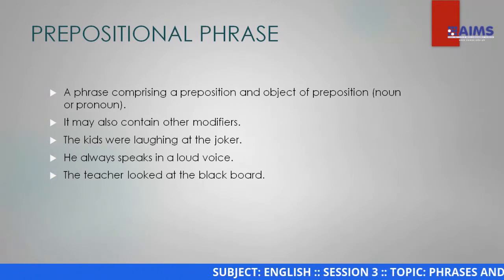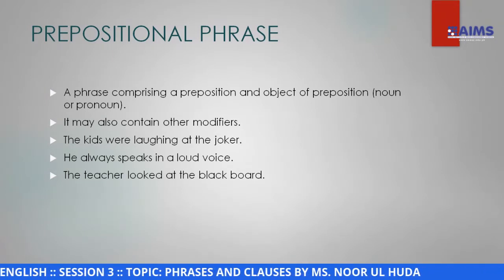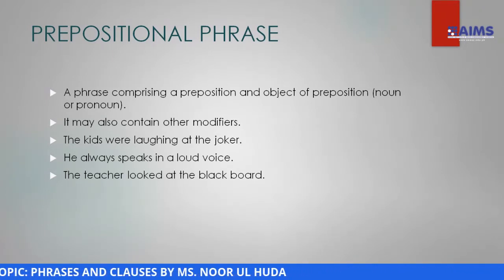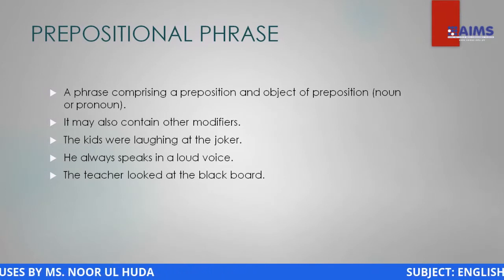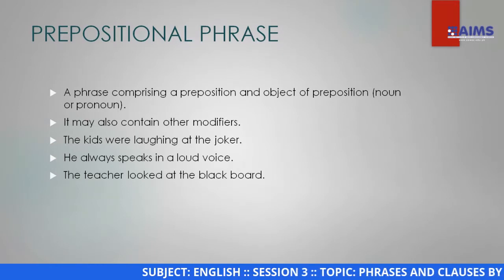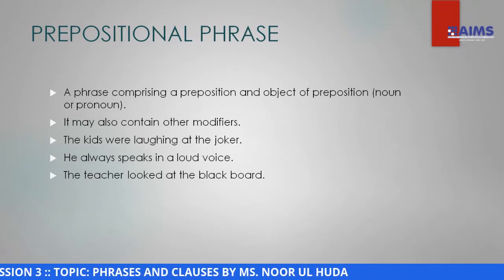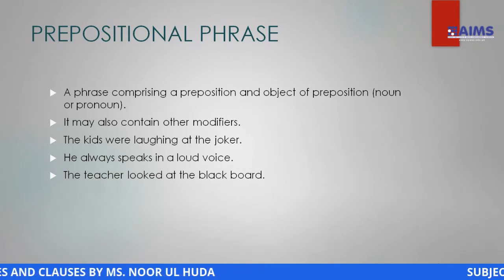The kids were laughing at the joker. Actually, the kids were laughing, and the sentence is complete here, but at the joker tells us at what the kids were laughing. It is giving additional information, but this additional information starts with a preposition. That is why it is called a prepositional phrase.